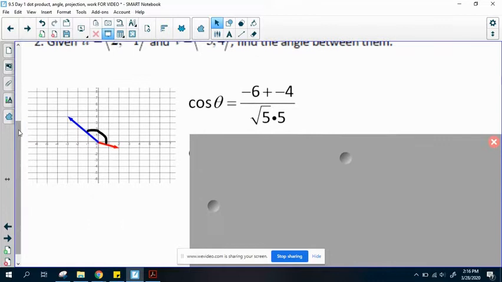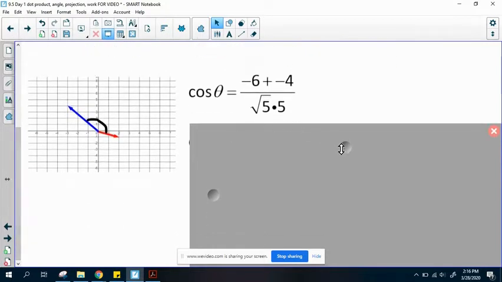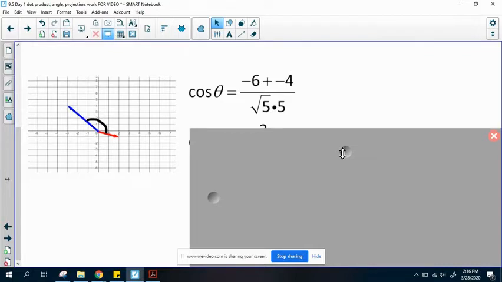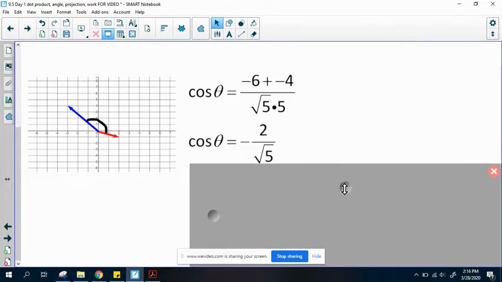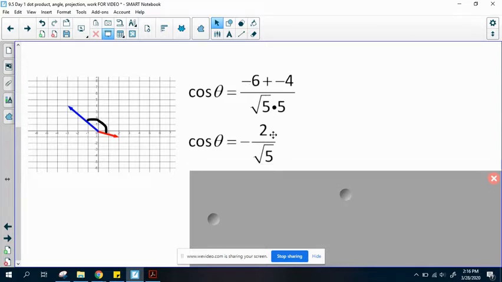Now, this whole chapter is calculator, so you will need your calculator for this, and you will want to be in degrees, not radians. We had -6 plus -4 is -10, and then we divided by 5 to get -2. But it doesn't really matter, because at the end of the day, you need to figure out the angle.